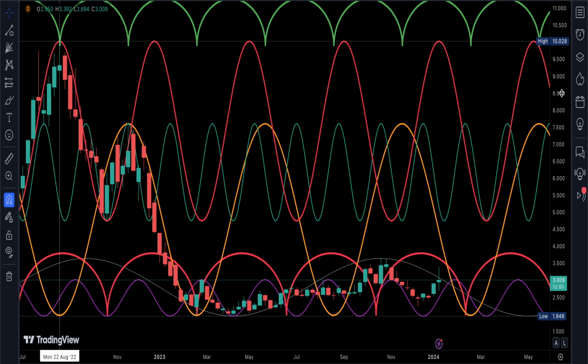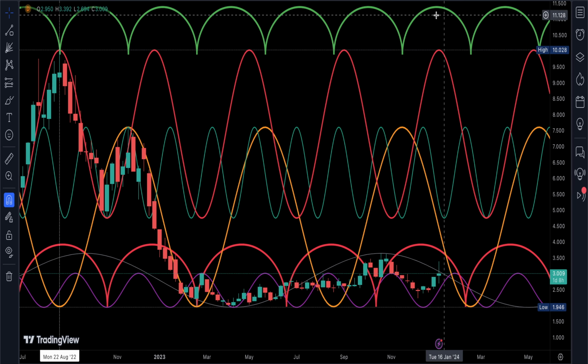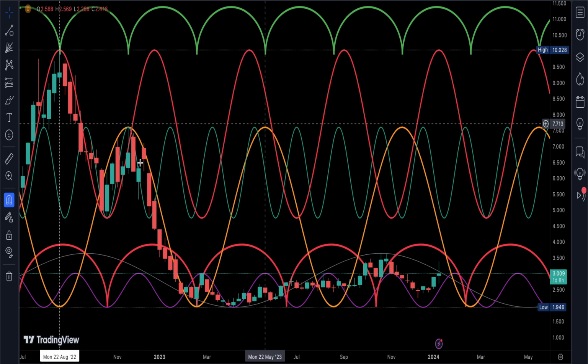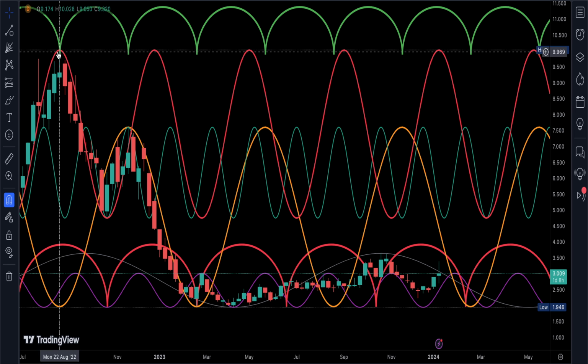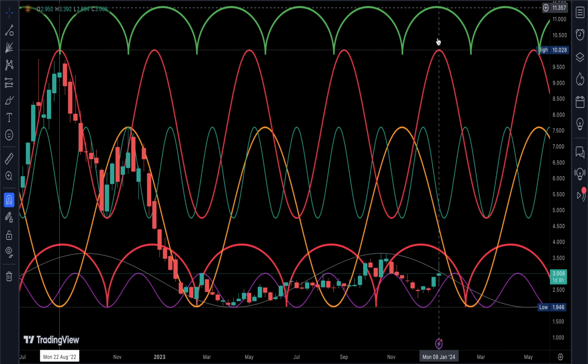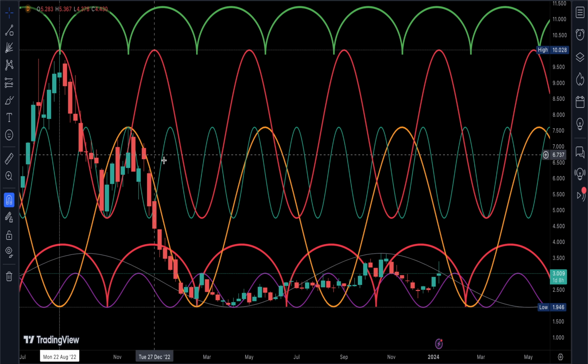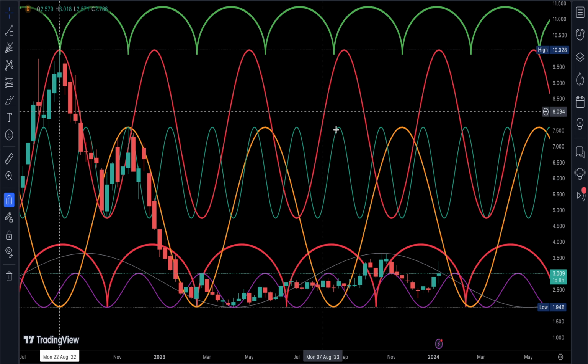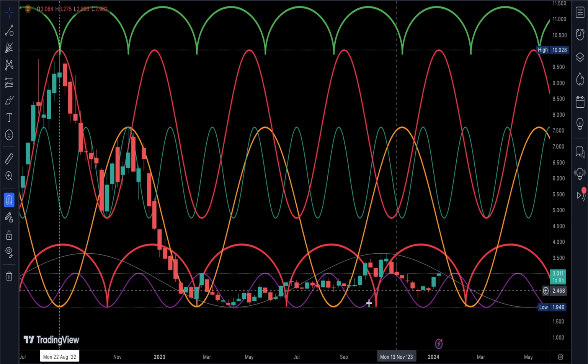I can make this maybe a little smaller, was here. This swing from this high to this low lines up pretty much here in the middle. So you've got this peak, and this is the peak that we're in right now. So they're all measuring different swing points in the past and seeing how that oscillates into the future.